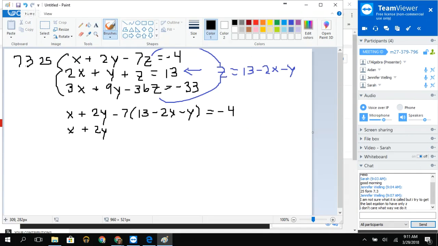What's 13 times 7? Any of my fast math people in here? 91. Minus 91 plus 14x. Okay. So I was wondering if that's where you're going to get plus 7y equals -4.